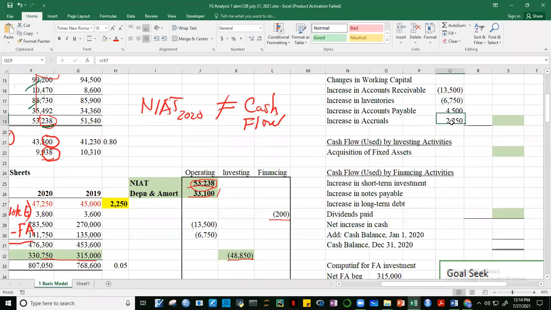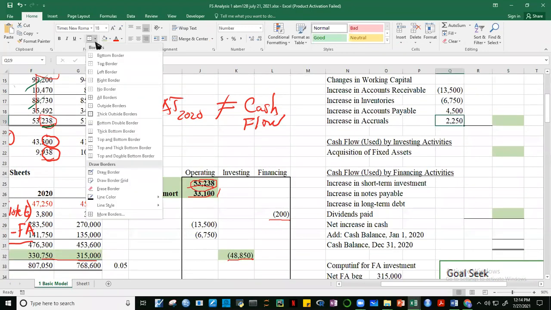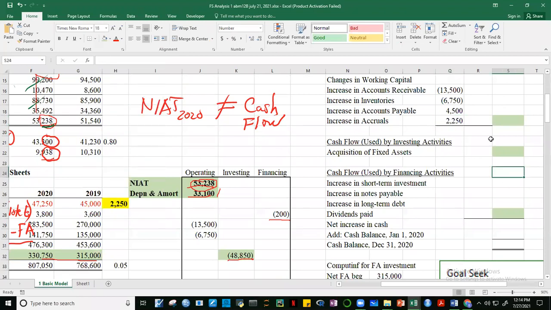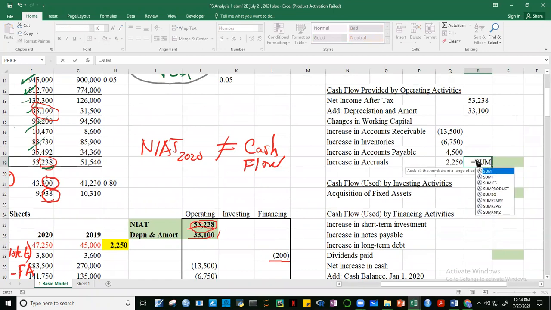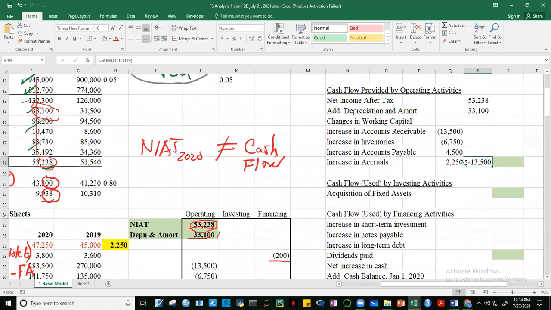Alright, so i-net lang natin yung working capital, changes in working capital. This is the sum of this four. Negative yung changes in working capital. So we will have to add natin tatlong to.